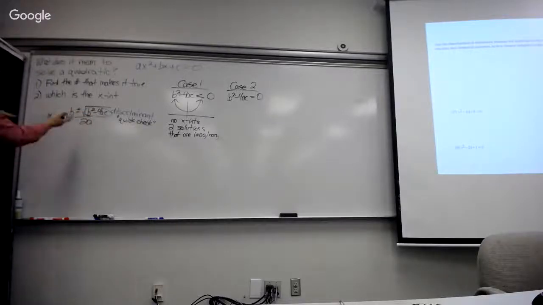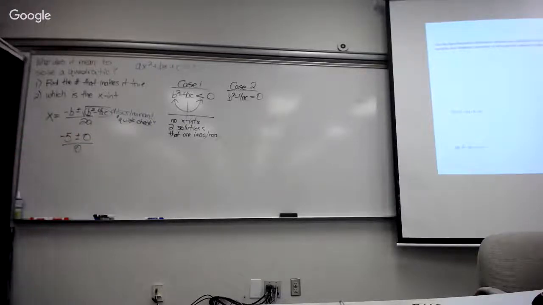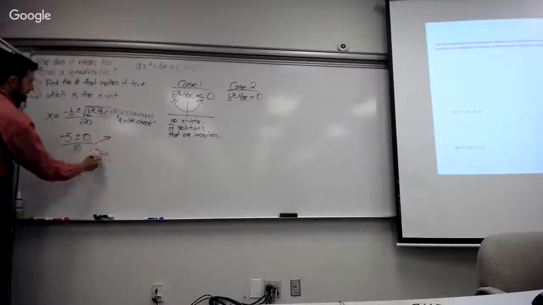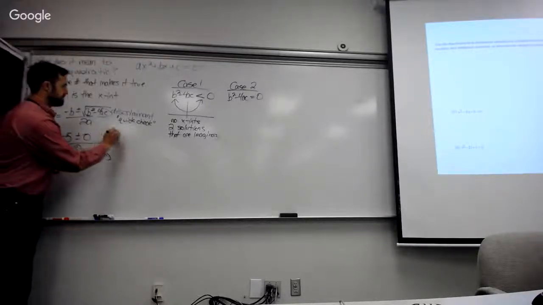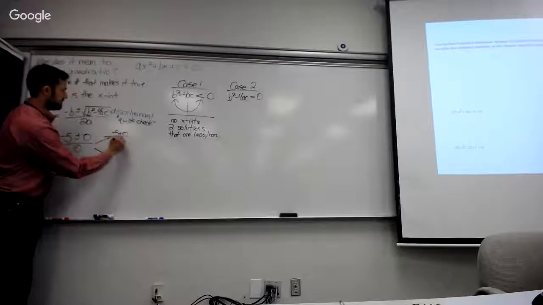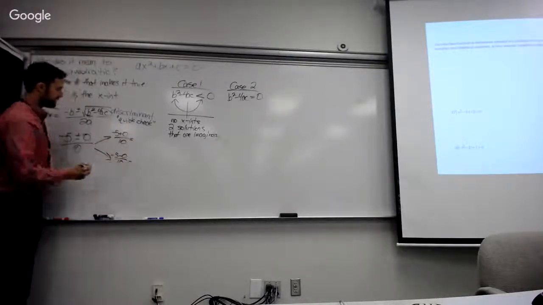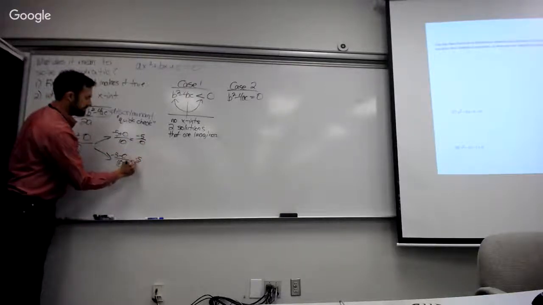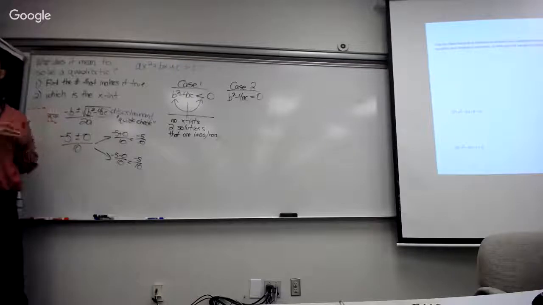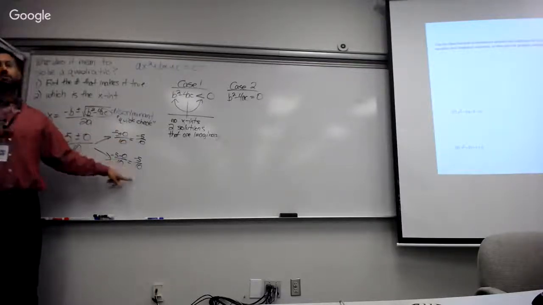And so let's just say, for the sake of argument, that it came out to be -5 plus or minus 0 all over, we'll just say 10. Well, what are the two alternate realities there? It's either -5 plus 0 over 10, or it's -5 minus 0 over 10. What do those work out to be? They're both just -5 over 10, because adding or subtracting 0 doesn't actually change the value. So either way, the answer is just -5/10.